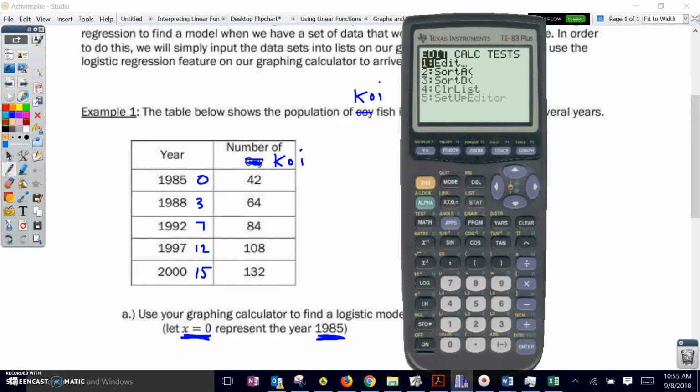and we go into the stat editor, and we're going to go ahead and edit our lists. And we'll type these values in, the numbers for years in the first column, and the numbers for our koi population in the second column.